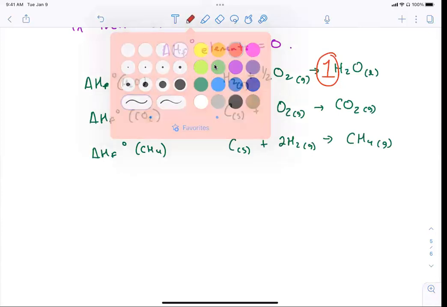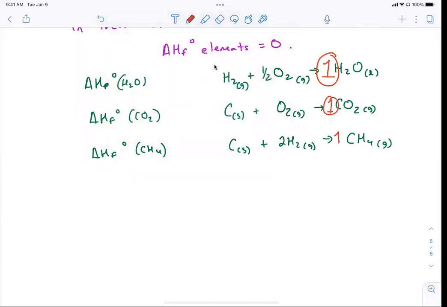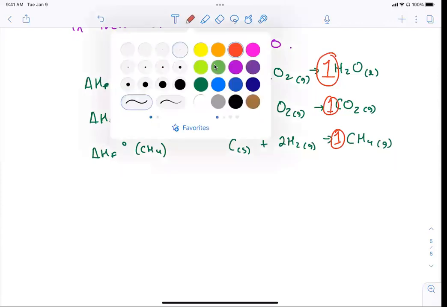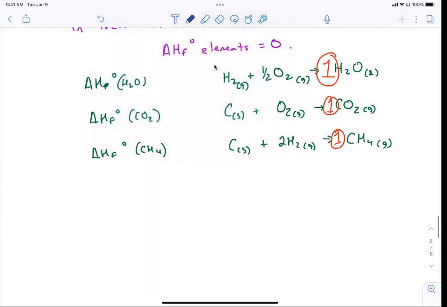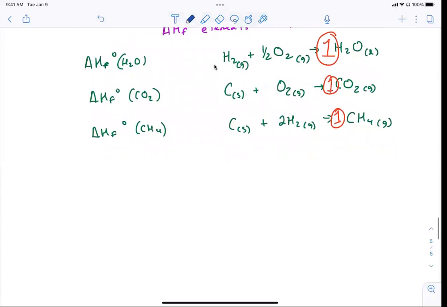I'm going to show you in a second. This is where Hess's law comes into play, and this is going to simplify things for y'all. You'll think, oh, that makes sense, I can just do that instead of memorizing products minus reactants.